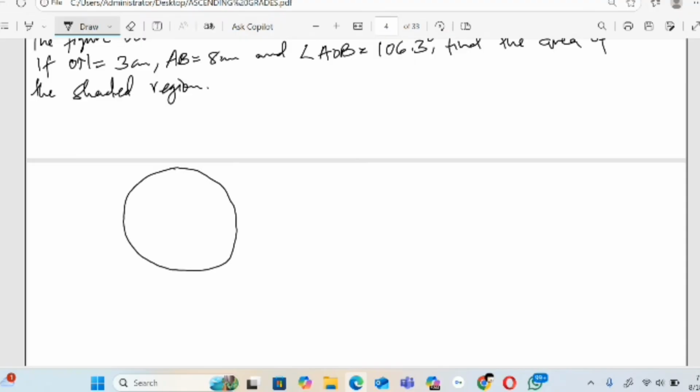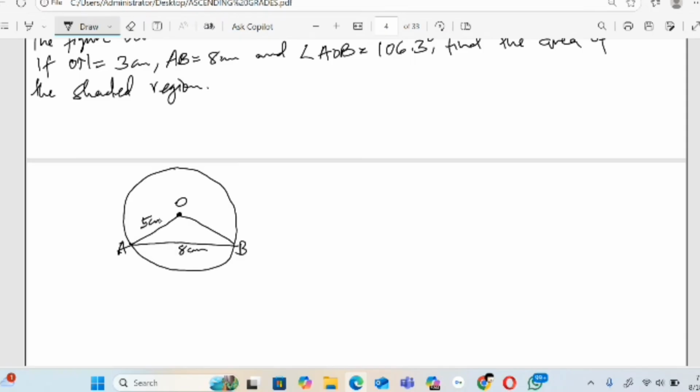This is the center O. The whole of this is 8 centimeters, then you have A, B. Then we have 5 centimeters as our radius.